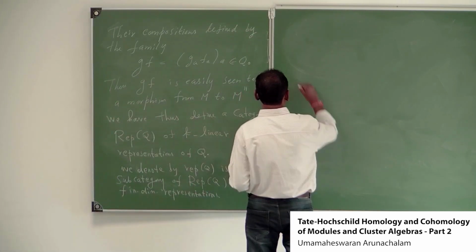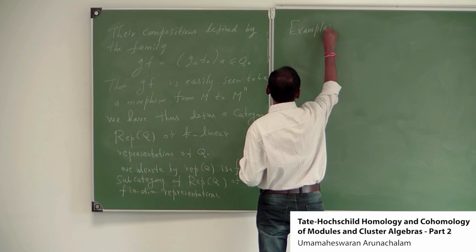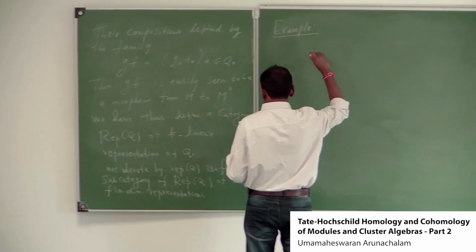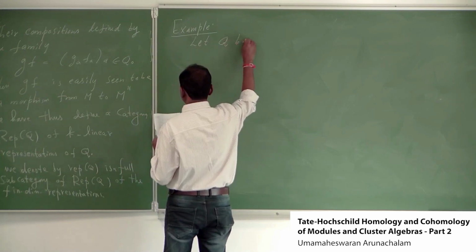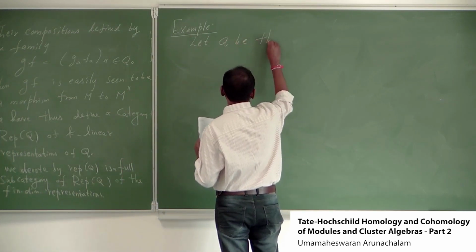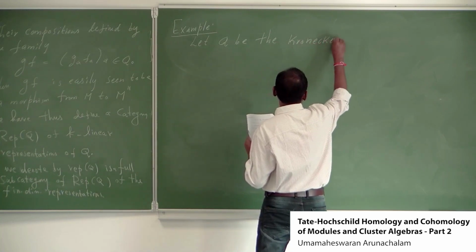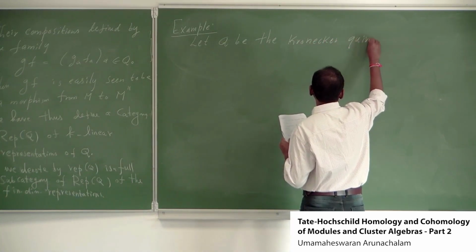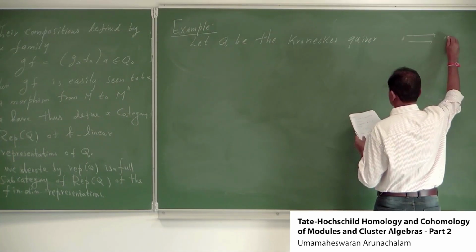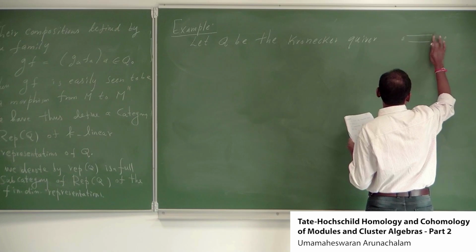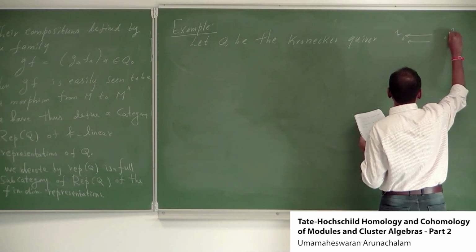So your example, let Q be the Kronecker quiver, with arrows from vertex 1 to 2.